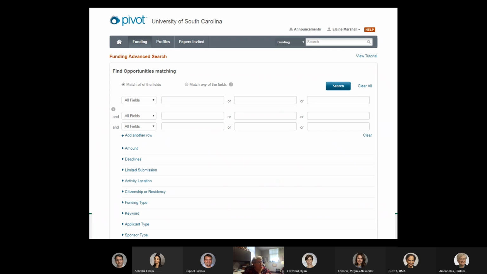The other nice thing about the Pivot system is that it allows you to share opportunities with other folks on campus. So if you see something and you want to collaborate with somebody else, you can send the opportunity to them directly from Pivot, which is kind of cool. Sometimes if people ask me to run a search for them, that's what I'll do.